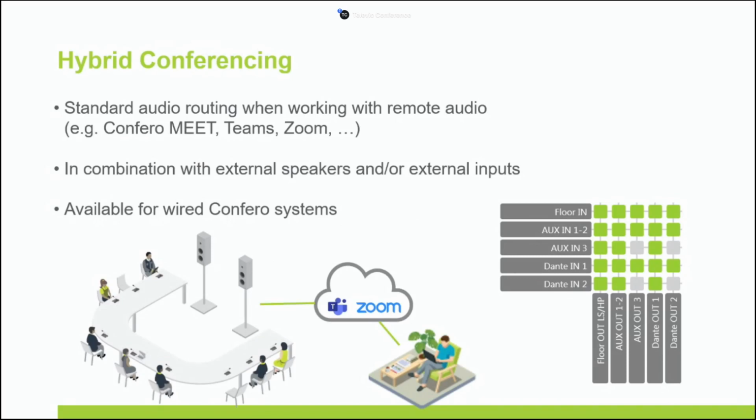So that's the first routing mode that we've added, and then we have also added a second hybrid mode where we make a combination of a mix minus channel, but still have the possibility to connect either external speakers or individual inputs of a microphone, so that you can take care of that in your routing scheme as well.